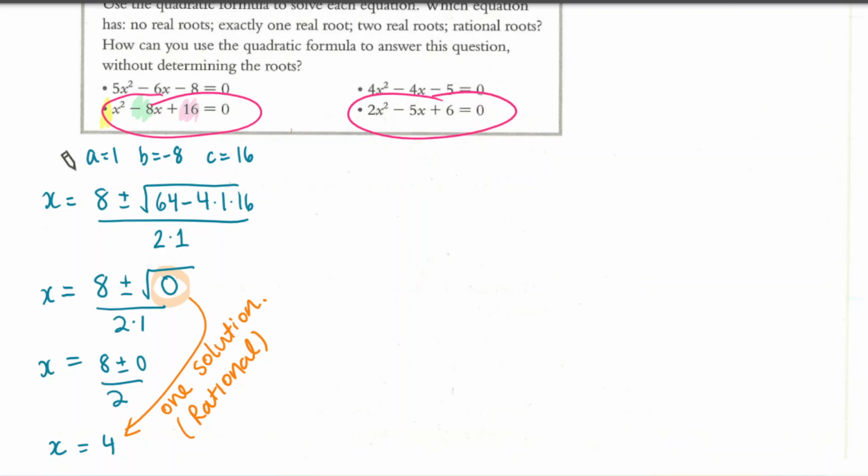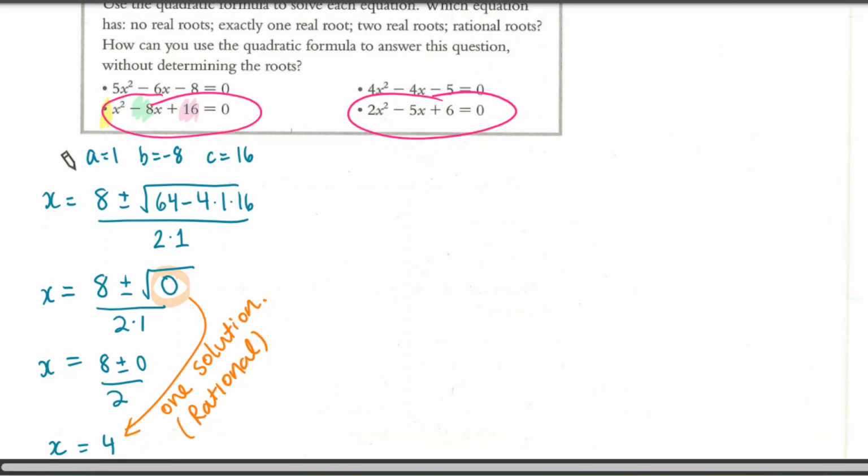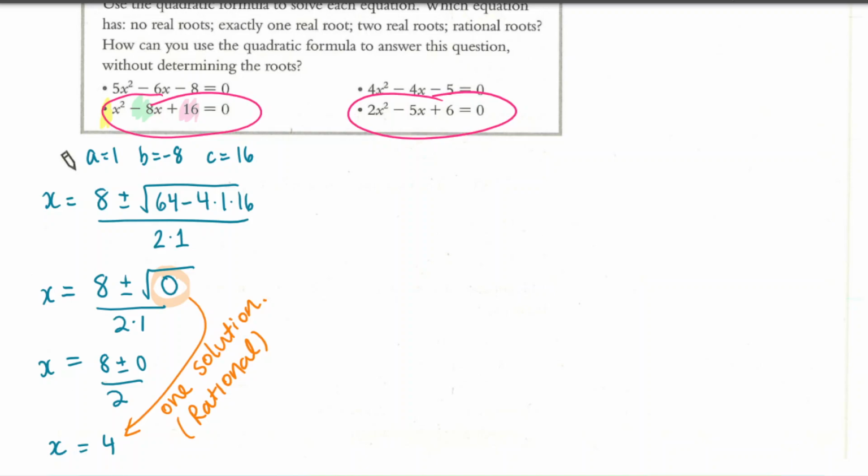In fact, we could have solved by factoring. Whenever you get a rational solution, you could have solved that equation by factoring. So let's just see how that would have looked. I'm just going to put a little arrow here, factoring. If we look for two numbers that multiply to 16 and add to negative 8, those are going to be 4 and 4.